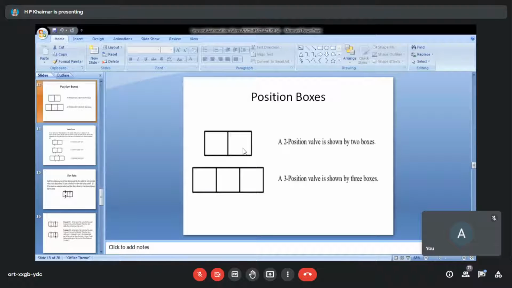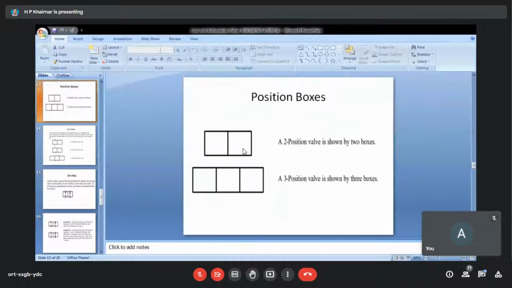No. What third? Okay. Any other? Okay, to some extent you are right. Complete shut-off is what you will be indicating in this third position. In normal terms, we can call it the neutral position.